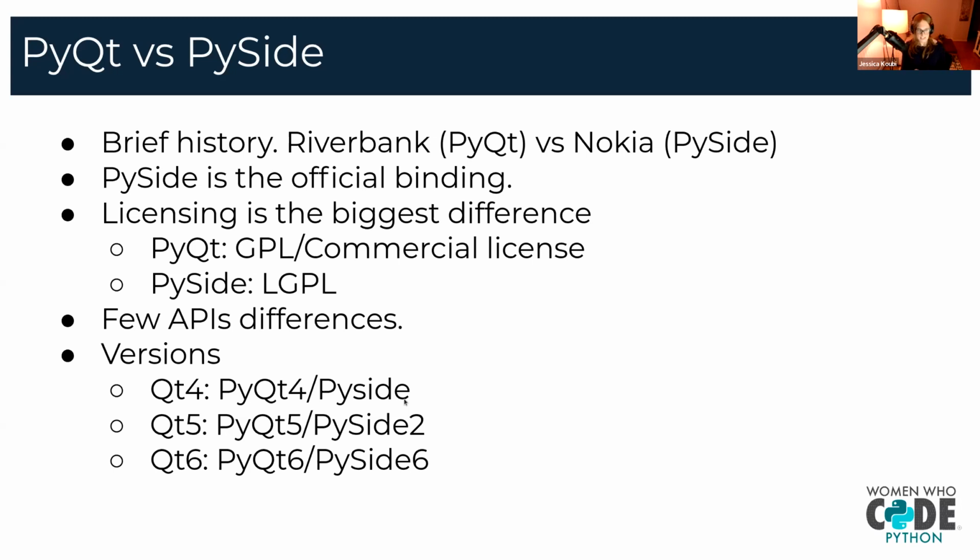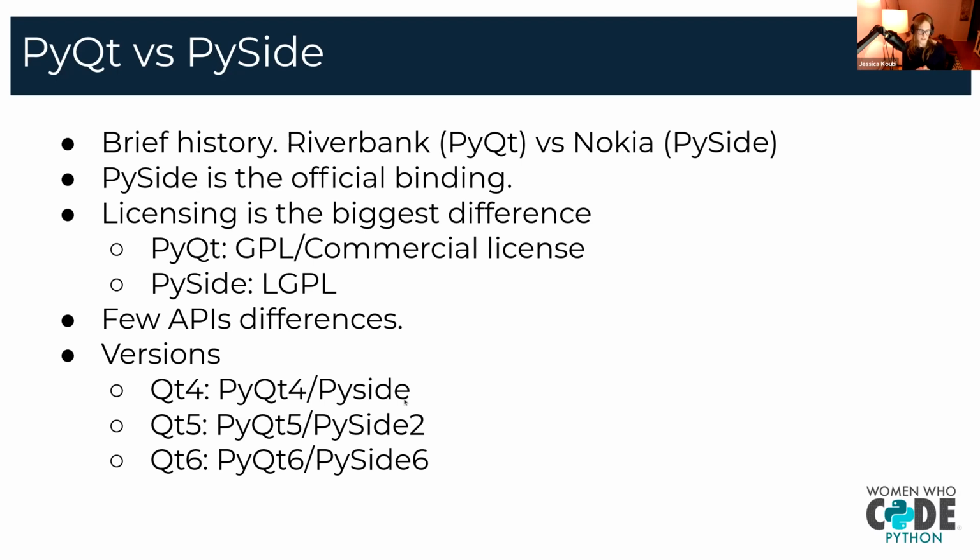In 2009, Nokia, who at the time owned the Qt toolkit, wanted to make Python bindings with a more permissive LGPL license, while PyQt is under a GPL or commercial license. So the 2 interfaces are rather similar, and the biggest difference, I would say, is mostly the licensing at this time.